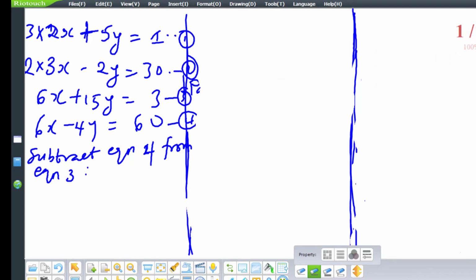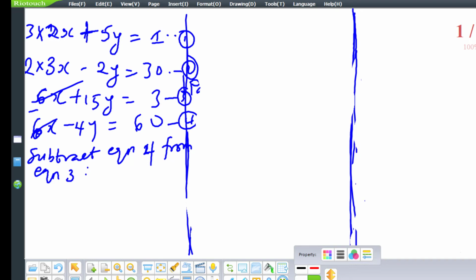In that regard, we're going to have 6x minus 6x. 6x minus 6x is going to cancel out each other. That's why they call it the elimination method. That is, trying to eliminate a variable such that it will remain just one variable and it will be easy for us to solve the equation.